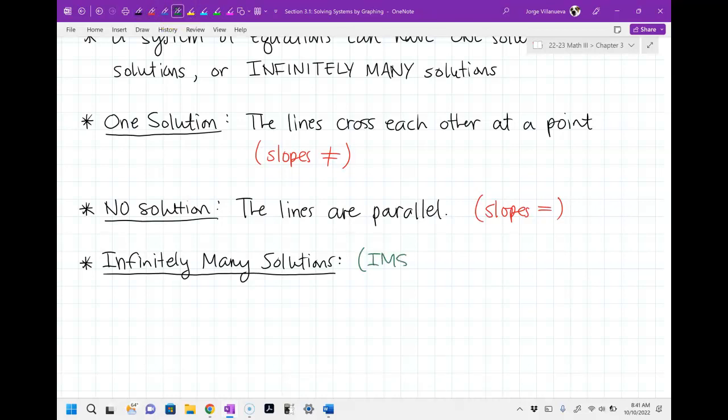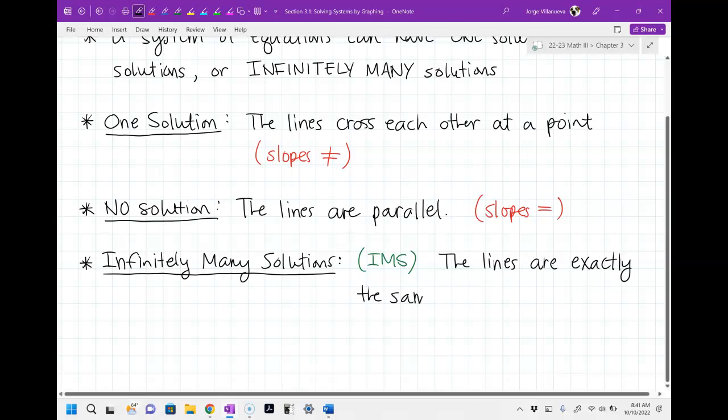IMS. So that's an easy way to write infinitely many solutions. Okay, IMS. So the lines are exactly the same. Okay? The lines are equal.